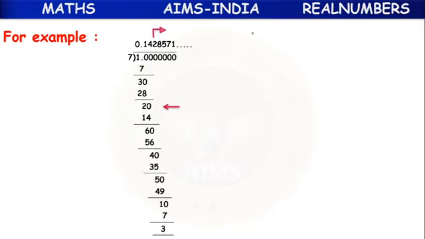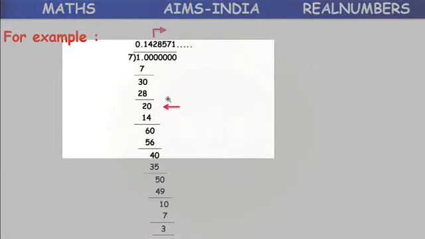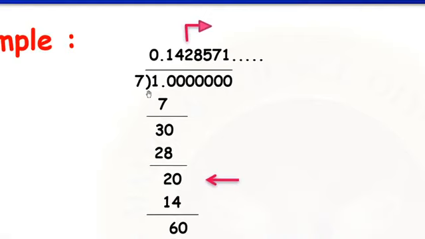Suppose here, let's magnify this part, children. So 1 by 7 means we have to divide 1 with 7.